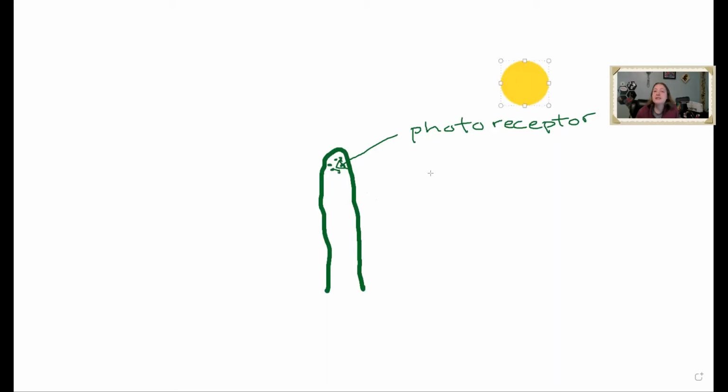So when the photoreceptors sense that there is sunlight and they receive that sunlight, they're going to release a little chemical called auxin. And that chemical is going to be released from here and then run down the dark side of the plant. It's repelled by the light. It tries to stay as far from the light as it can.